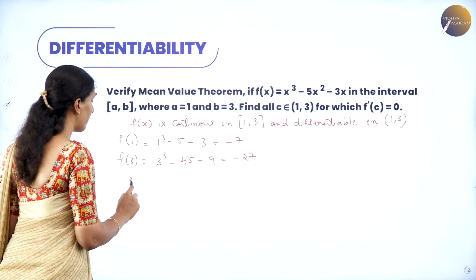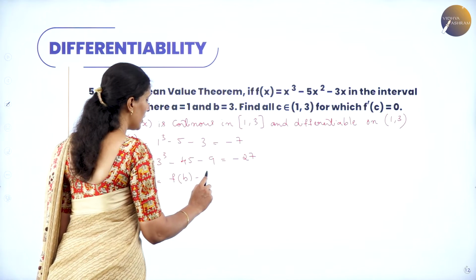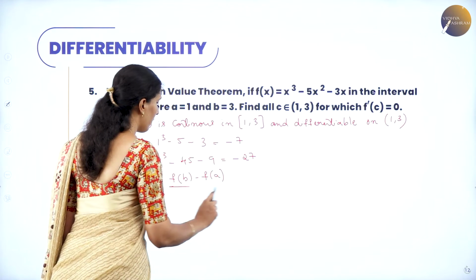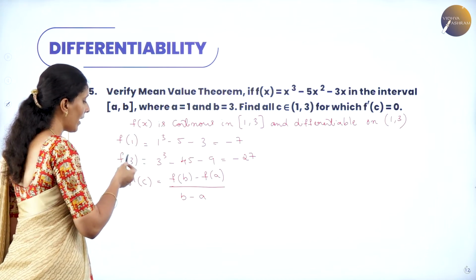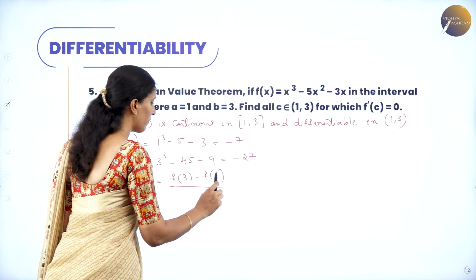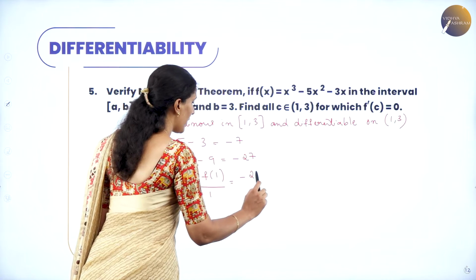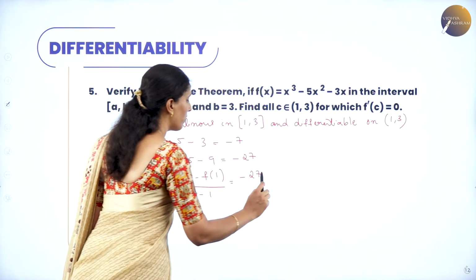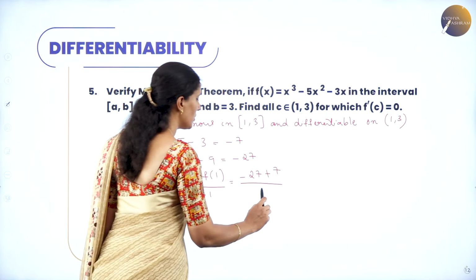Now let's find out f dash of c, that is f of b minus f of a divided by b minus a. Or instead of b minus a, you can directly write the values here. That is, you can write f of 3 minus f of 1 divided by 3 minus 1. So here it is minus 27, minus of minus 7 becomes plus 7 divided by 3 minus 1 is 2.